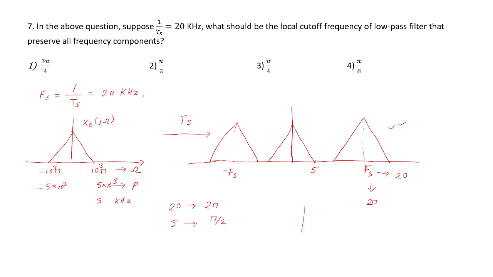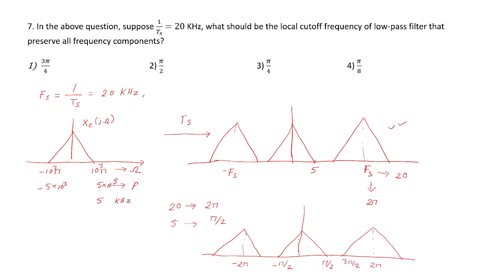So in the discrete frequency domain we can represent the same spectrum like this. It is again multiple copies, periodic with 2 pi. Minus 2 pi, this is pi by 2, this is 3 pi by 2, this is minus pi by 2, and so on. So this is the spectrum of X(n).